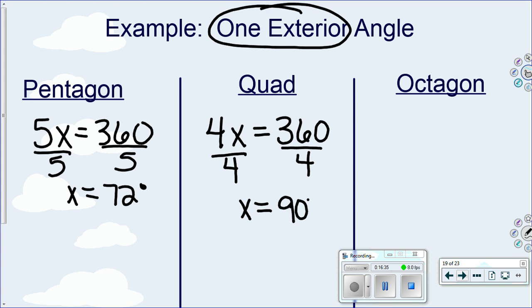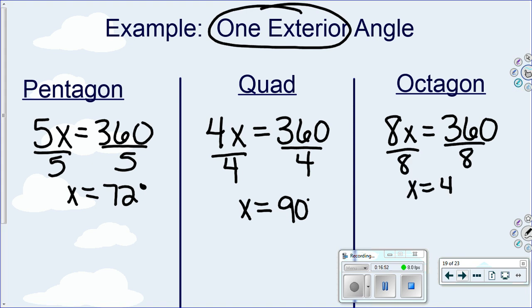Our last example is an octagon, which has 8 sides and 8 angles. So 8 times x equals 360 degrees. We know all exterior angles total 360 degrees no matter what shape it is. Divide both sides by 8. I get x is equal to 45 degrees. That means that one exterior angle in an octagon is 45 degrees. Make sure that you have all these notes copied down onto your paper.